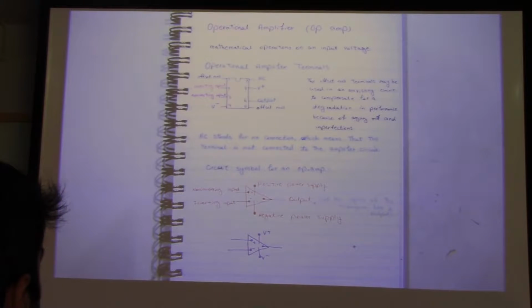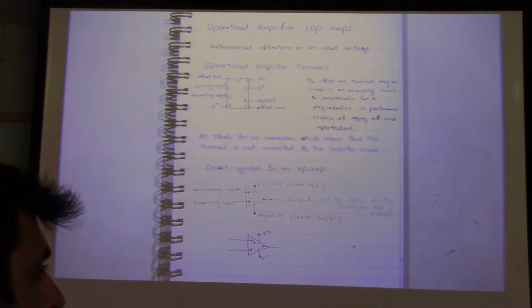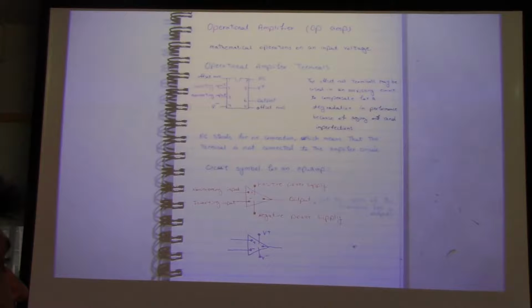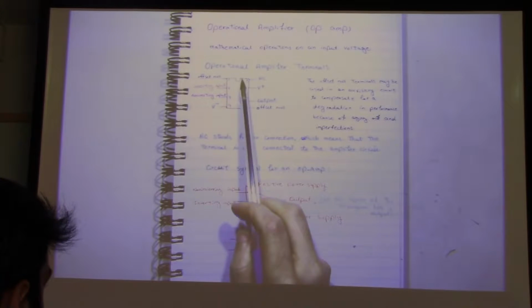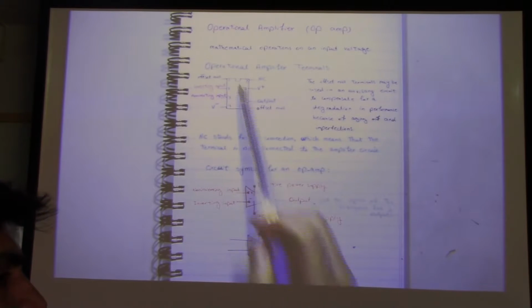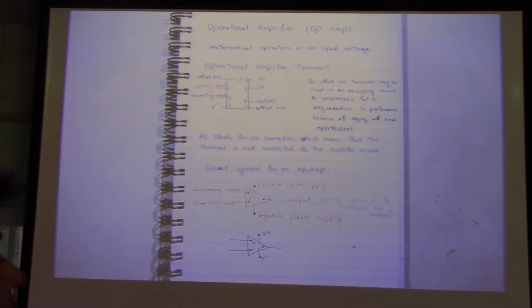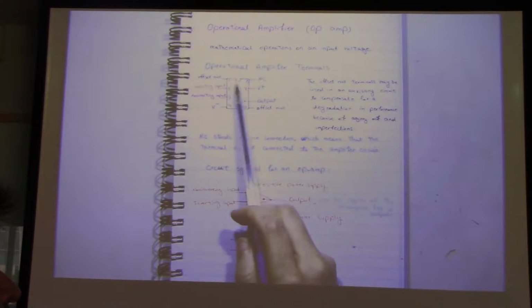Whenever you have an IC like this, you just hold it in front of yourself and you see this little guy over here. Sometimes this is a half circle or sometimes a triangle, depending on the IC. Hold the op-amp in front of yourself so that this guy is up.